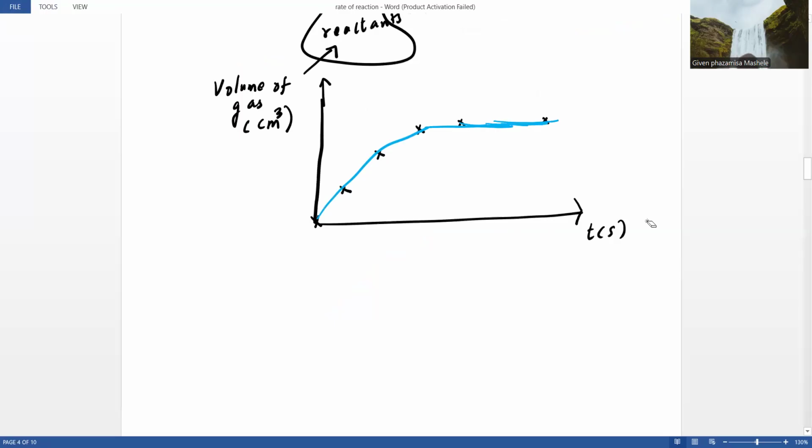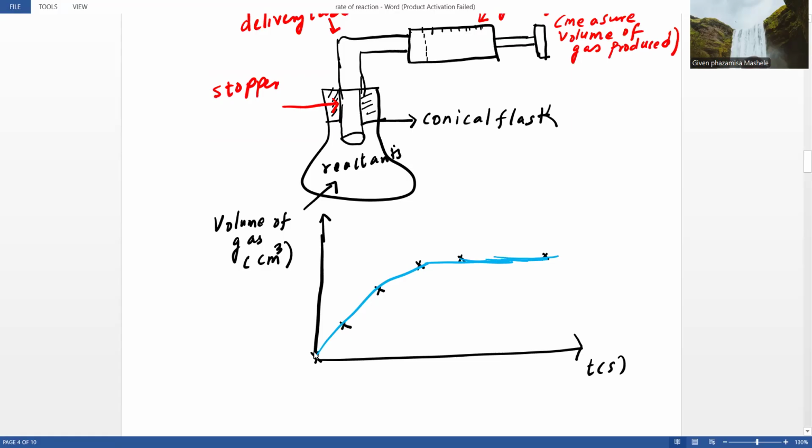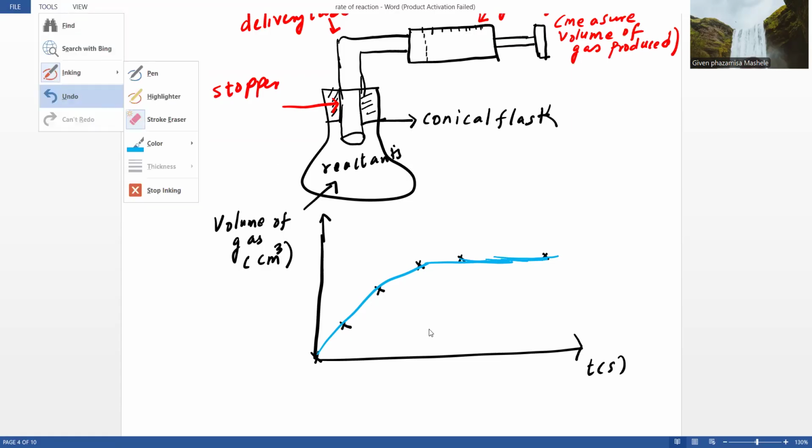Remember, we are talking about the volume of the gas that is being produced. At time 0, the volume of the gas produced was 0. But when time increases, the volume of the gas increases up until it becomes constant after some time.